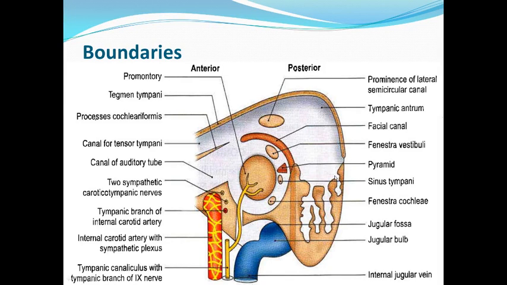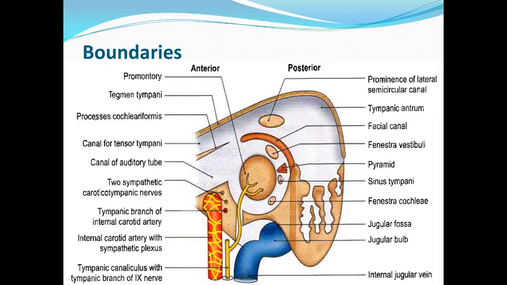This opening communicates the middle ear cavity with the vestibule of the internal ear, and is closed by the foot plate of the stapes, an ear ossicle, the smallest one.